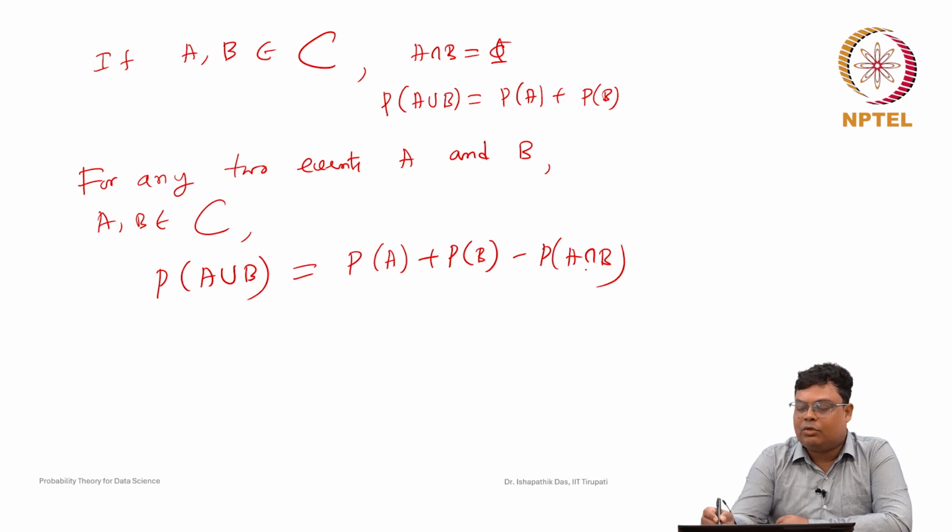If they are disjoint, then A intersection B will be phi, and the probability of phi is 0.